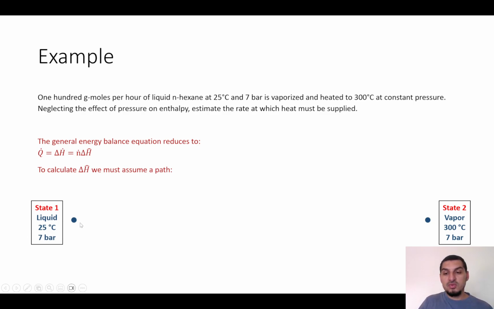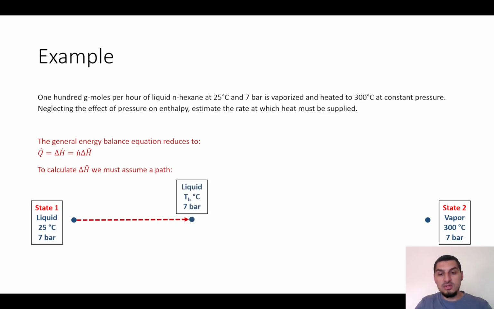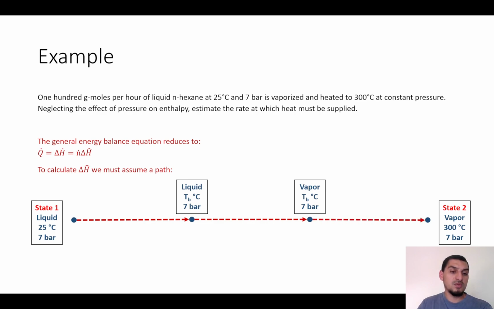To turn from subcooled liquid into superheated vapor, we need to go through different steps. First it will turn into liquid at the boiling temperature and 7 bar, then it will turn into vapor at the boiling temperature and 7 bar, and then it will turn into vapor at 300 Celsius and 7 bar.